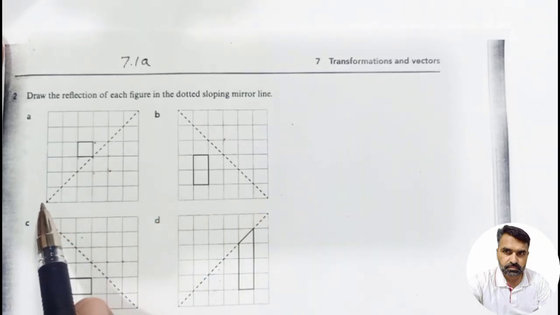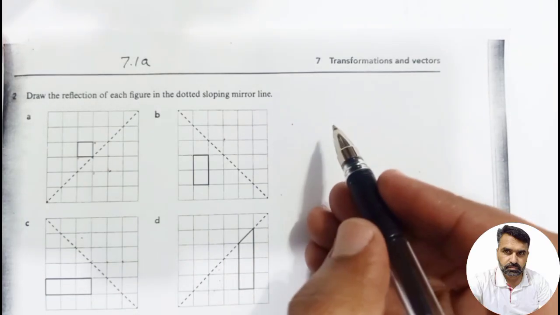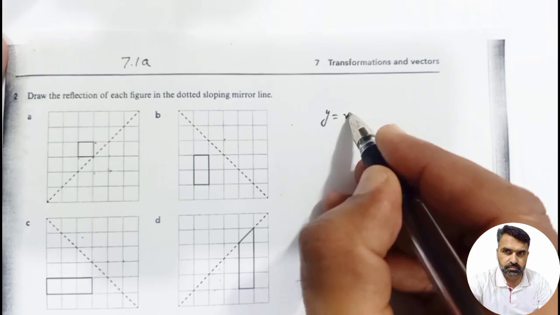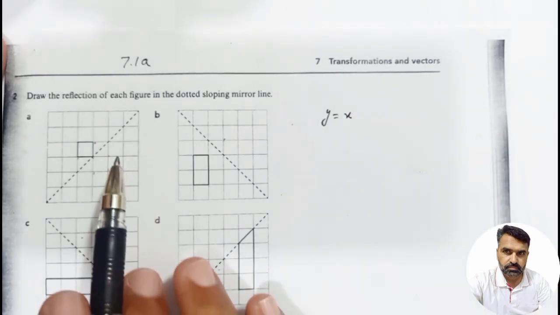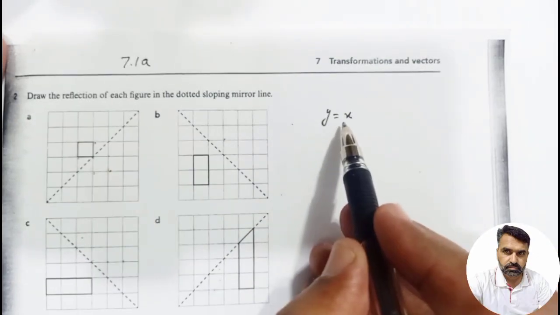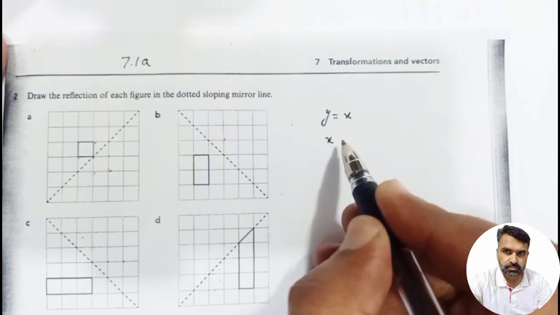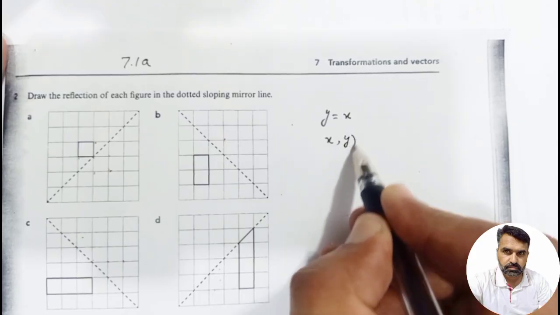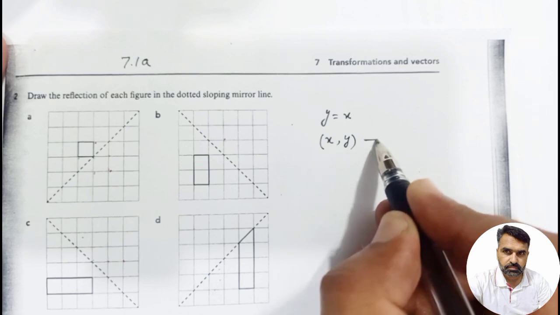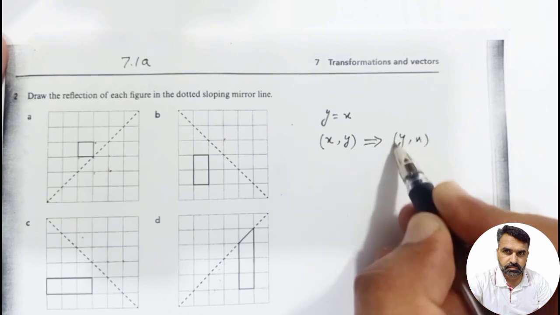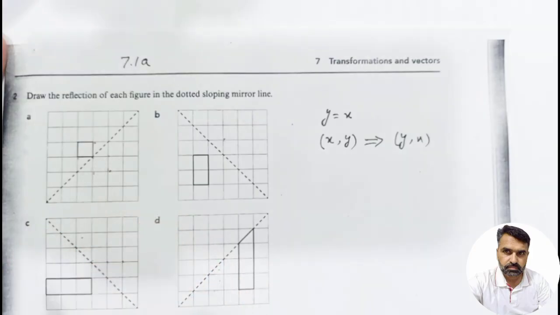The lines that are moving left to right upward passing through origin have the equation y is equal to x, and when we find the reflection in the equation y is equal to x, we have to change x, y coordinates into y, x. I mean to say the coordinates are reversed.